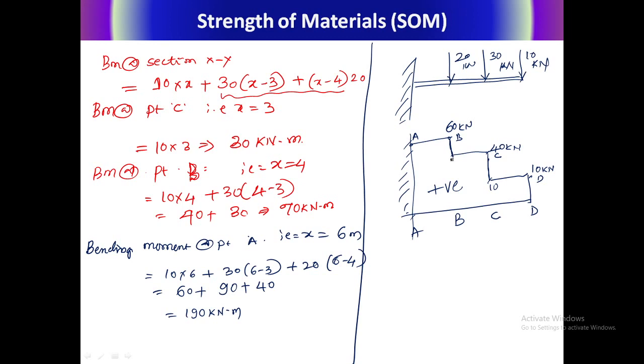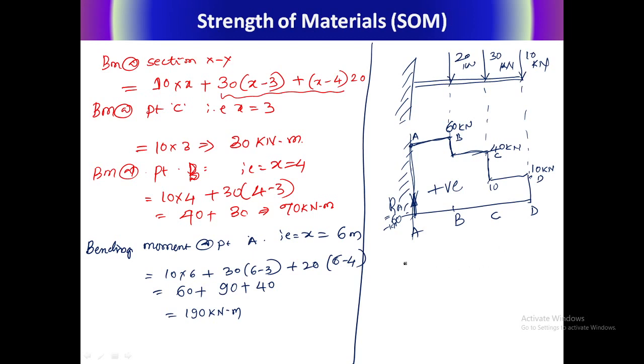Similarly, before application of this 20 kilonewton load, the shear force remains 40 kilonewton. Once you apply it, it is going to come to 60 kilonewton. So that is going to remain the same. Now all these reaction forces are to be sustained. Shear force is going to be sustained by this reaction force. That is Ra equal to 60 kilonewton. Now we need to locate the exact positions here as much as possible, in the same way.